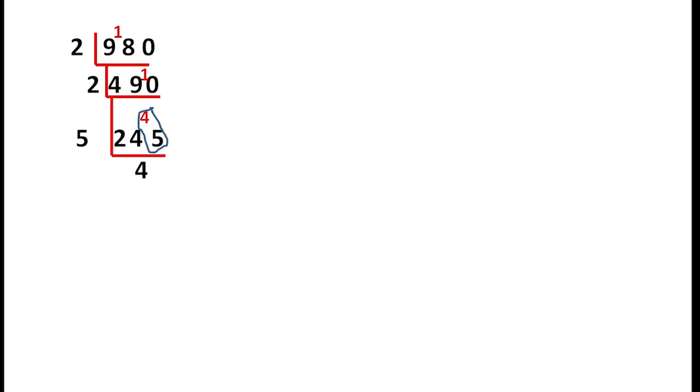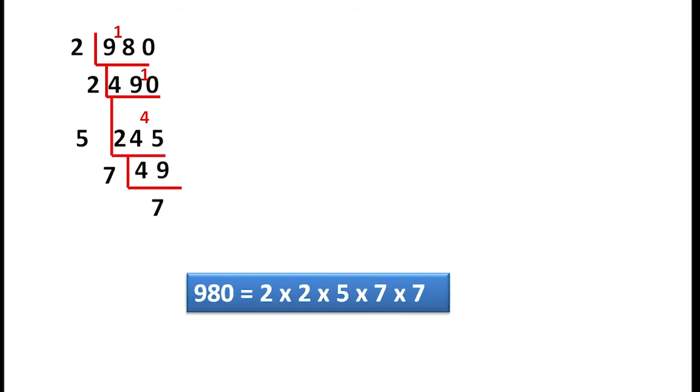And next number is 45. And 45 by 5 is 9. 9 5s are 45. And 49. In which table we can find out 49? In 7's table we can find out 49. 7 7s are 49. 7 is a prime number. So we have to stop there, and 980 can be written as 2 into 2 into 5 into 7 into 7.